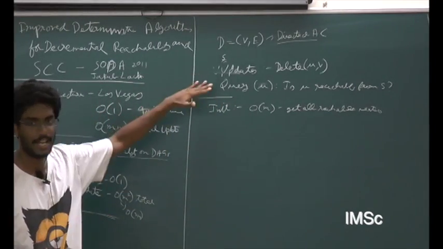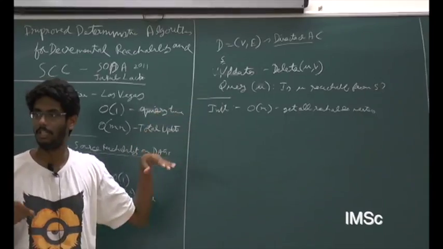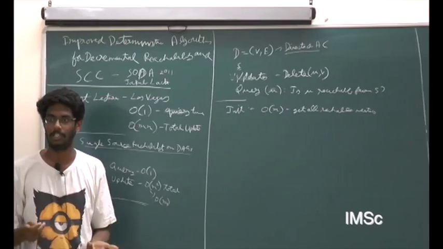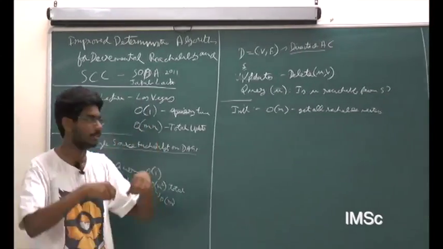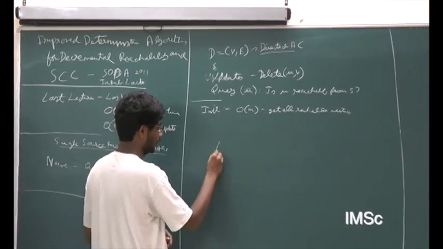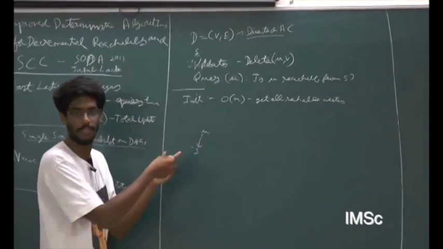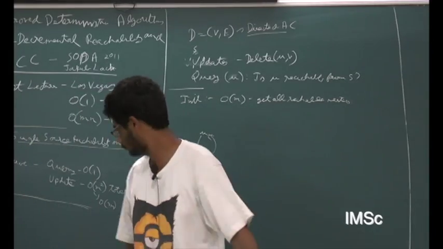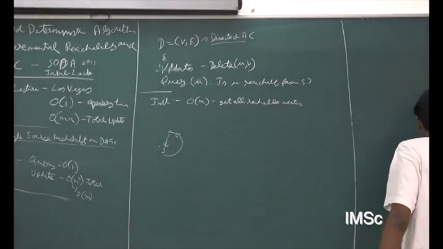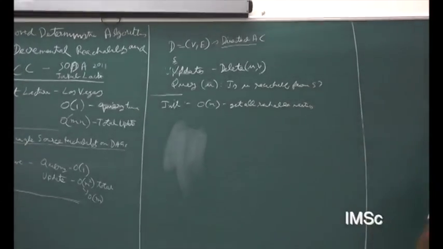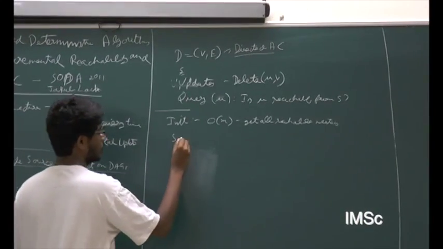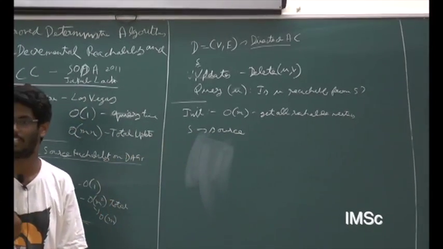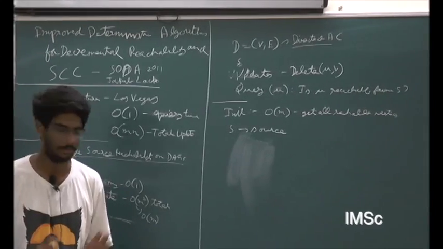Given that this is a DAG, after this initialization can S have any incoming edges? It can't, because if I had an incoming edge from U, I know that U is reachable from S, otherwise I would have deleted U, but I can't have a cycle. So after this initialization step, S is a source. A source is a vertex which does not have any incoming edge, and a sink is a vertex which does not have any outgoing edge.